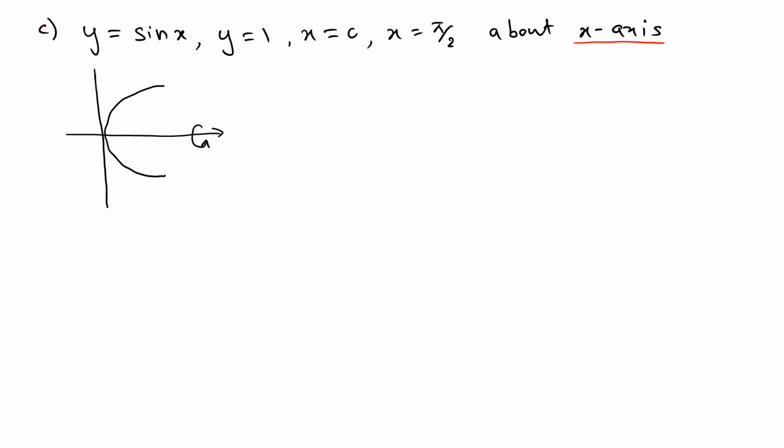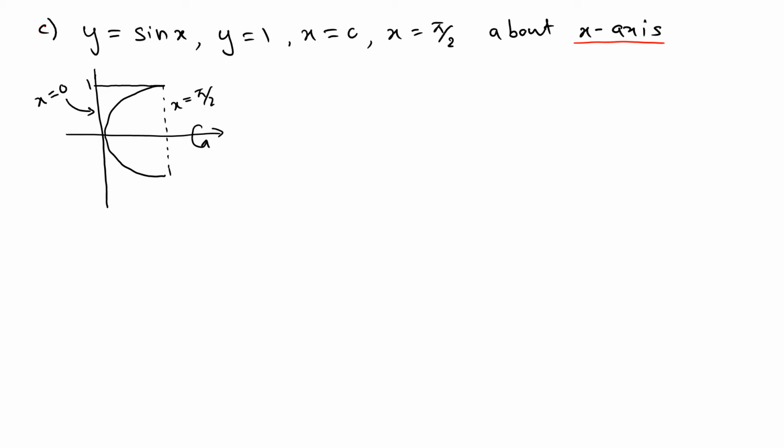The region is bounded by the sine curve, y equals sine x, and the line y equals 1. x equals 0 is the y-axis and the other one is x equals pi over 2. So this is x equals pi over 2 and this is x equals 0, the y-axis.